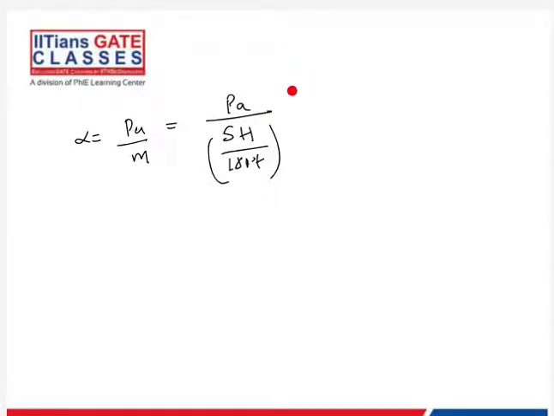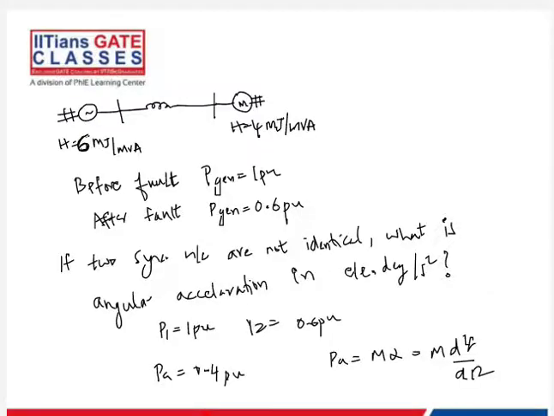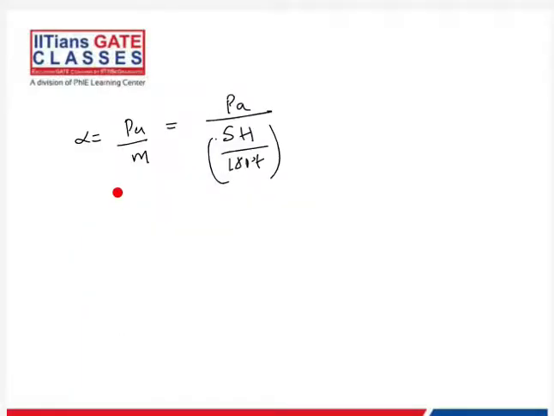So we need to find what H is. We know PA is 0.4. We assume S is 1 per unit. We know the frequency is 50 hertz. But we don't know what H is. That is where we have to go back to the question. They have given that the two synchronous machines are not identical, which means they do not swing together. So what is the H equivalent?